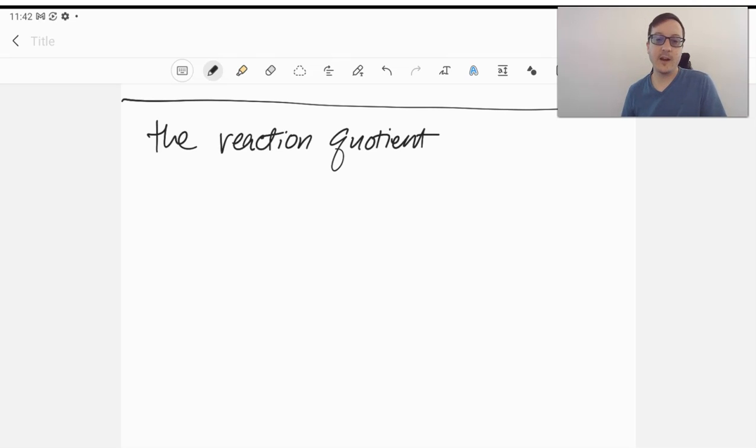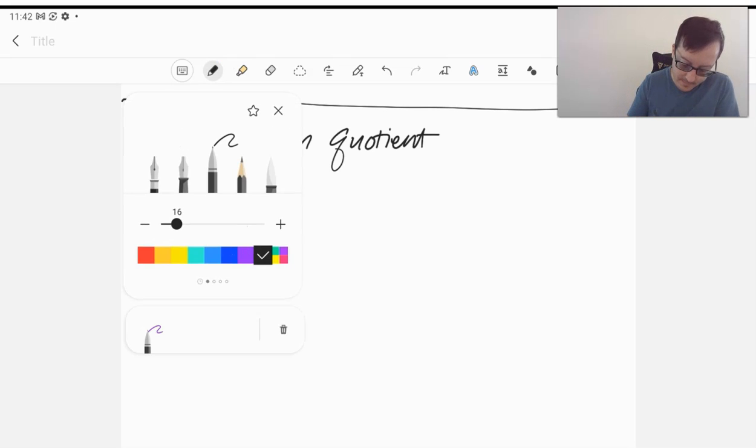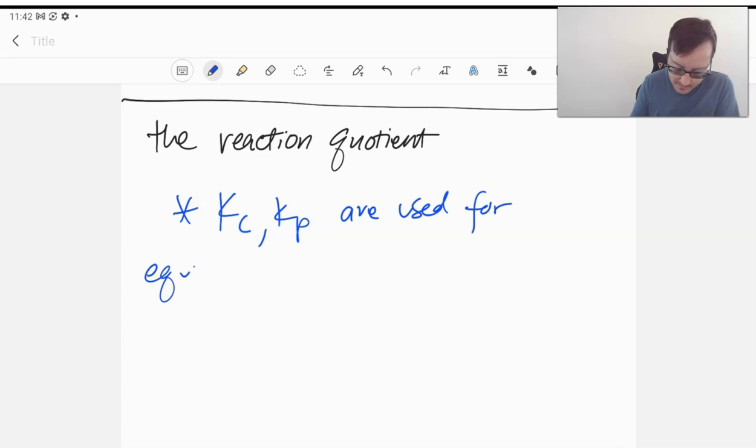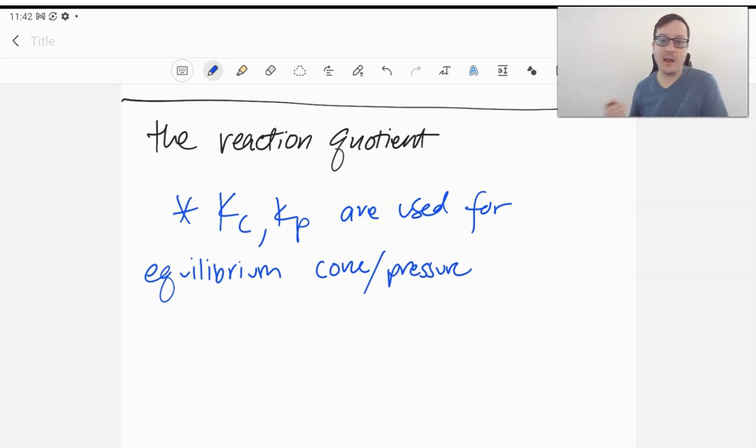In this video, we're going to take a look at a component called a reaction quotient. This will be very similar to the equilibrium expression, except it can be used at any point during a reaction. So if we remember that Kc and Kp are used for equilibrium, concentration and then pressure, respectively, right?